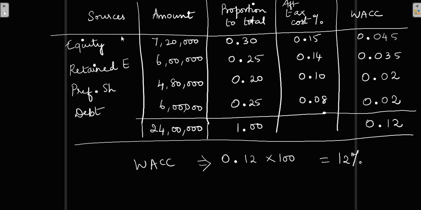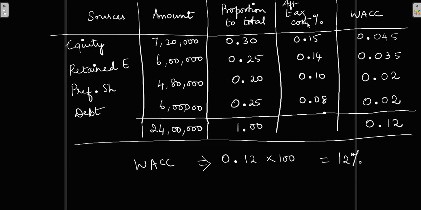So, first column is sources of funds: equity, retained earnings, preference share and debentures. The total amount is 24 lakhs. So, 7,20,000 divided by 24 lakhs, you will get this proportion to total. But since they've already given it in the question, our work is made easy here.